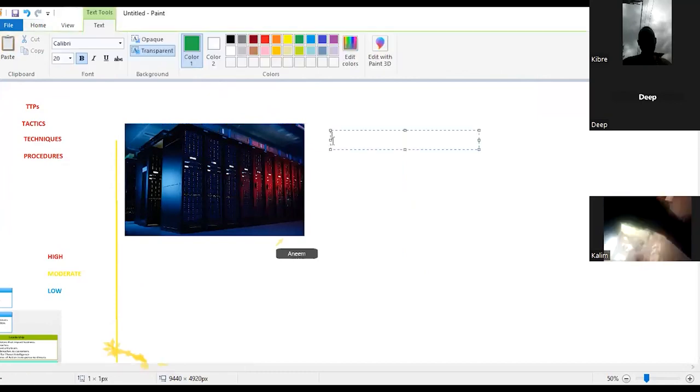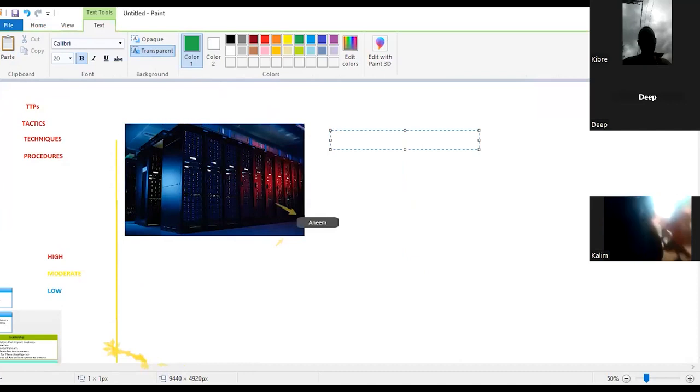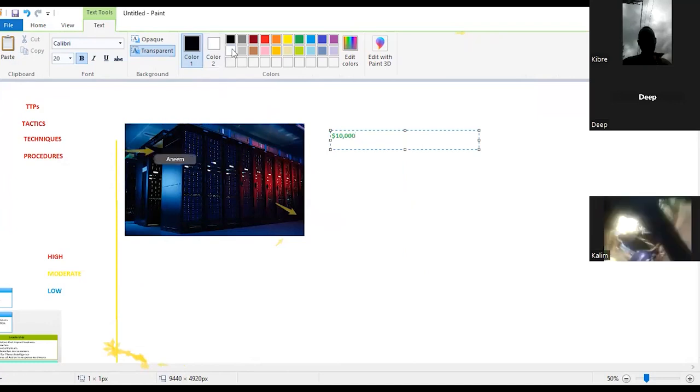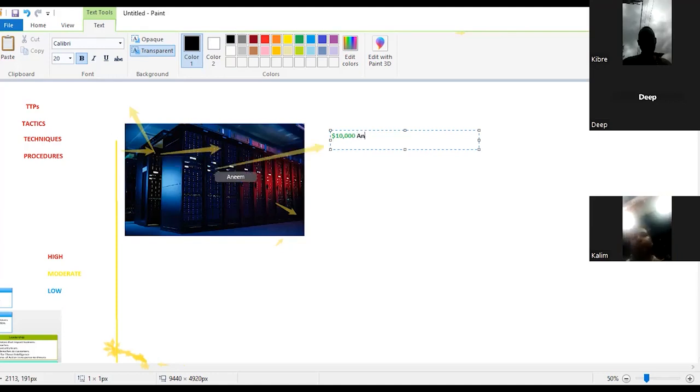We have a server, and it is generating $10,000 annually.